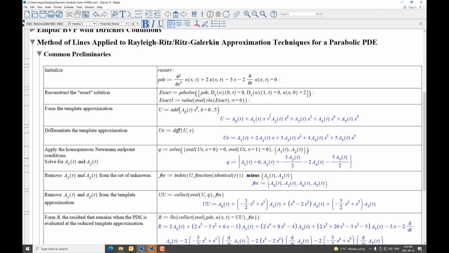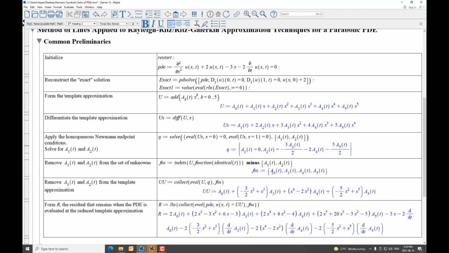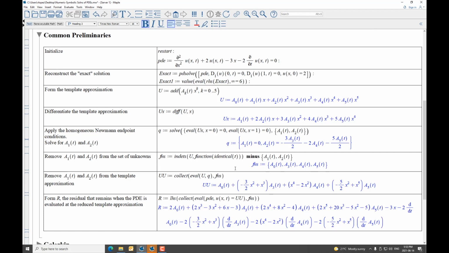Now we have homogeneous Neumann conditions to apply. So we differentiate the template. Evaluate the template at the two endpoints. That's going to give two equations with which we can eliminate two of these unknown functions. So we eliminate a1 and a2. So we were only dealing with a0, a3, 4, and 5. We put these two expressions into the template.